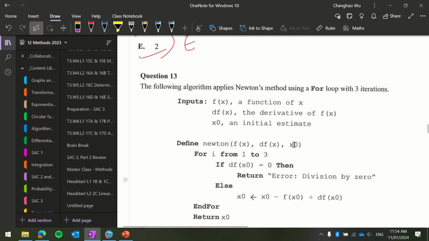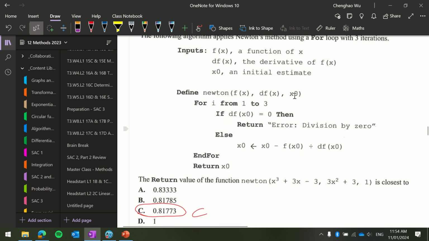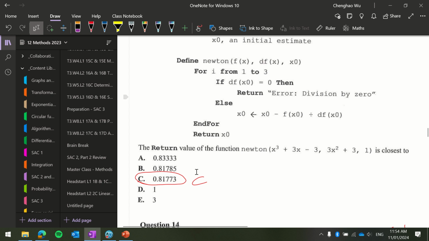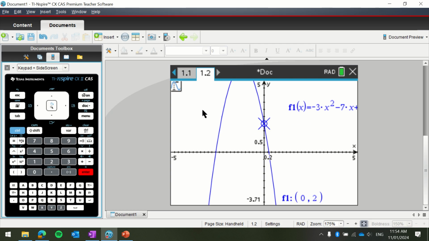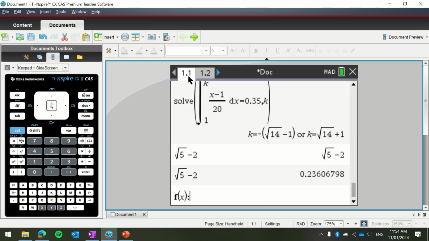The last input is the initial estimate. And it's asking for the return value, which means the final estimate at the end. It's just asking what Newton's method gives you at the end when you do it 3 times. Let's just do it.